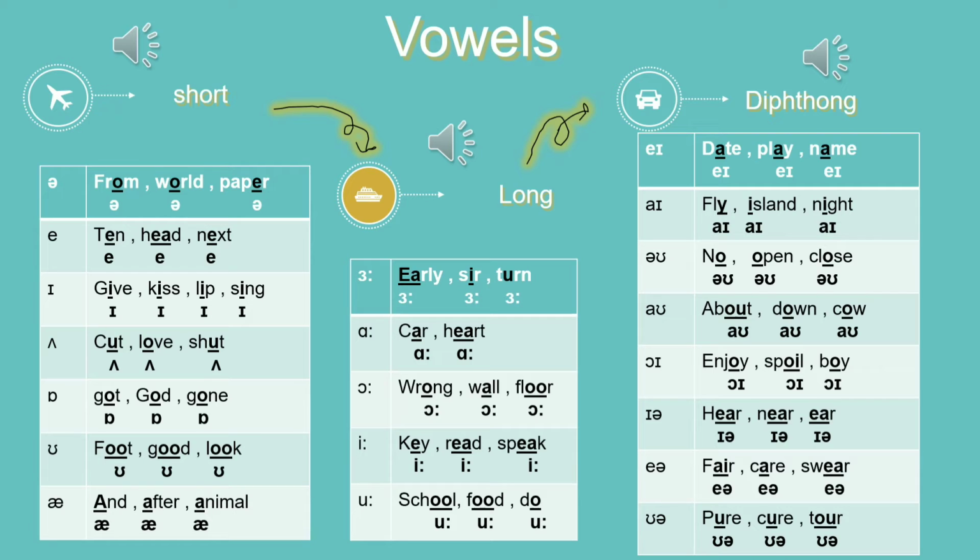Number 3 is diphthong. The symbol is eɪ. Example: date, play, name. Number 2 is aɪ.